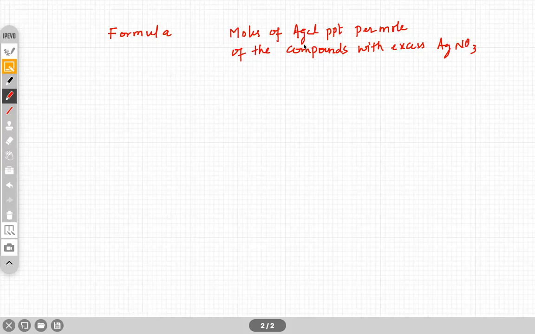Yes, so the formula and moles of AgCl precipitate per mole of the compound with excess AgNO3, right? So the formulas are given here.